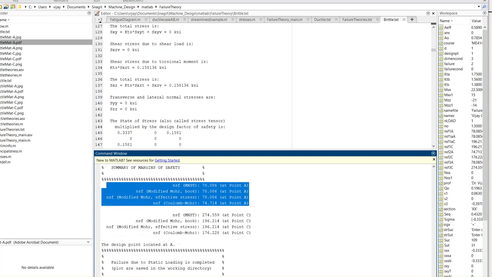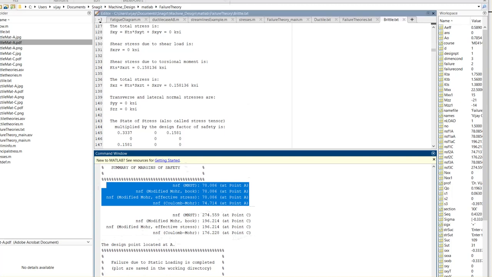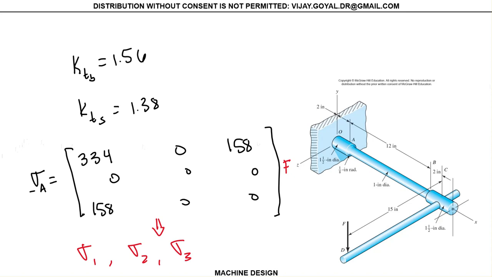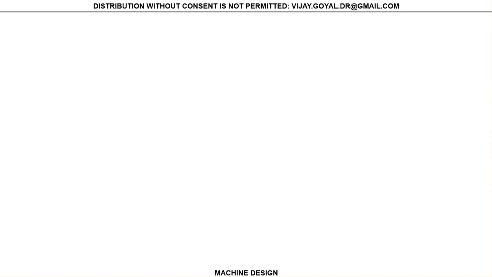Okay, so let's take this and see what the answers actually look like. The first case you're working with is the maximum normal stress theory, and it says the following.